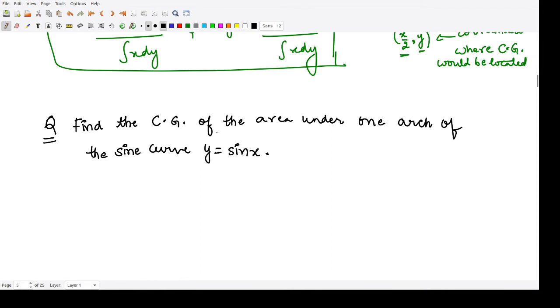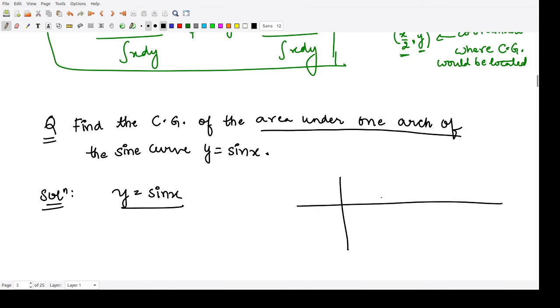Now you have to see which formula you would use for this particular question. For the solution, firstly we draw the curve y is equal to sine x, and they are saying the area under one arc of the sine curve. You know the graph for the sine function; it is oscillatory in nature.